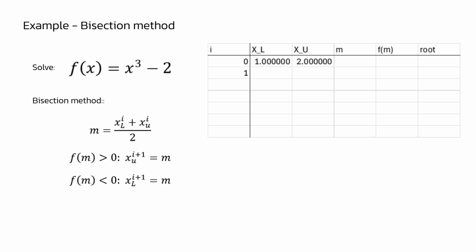If the residual is more than 0, you would want to update xu, or upper x, and make it m. And if the residual is less than 0, you'd want to update the lower x, which is xl, for the next iteration.